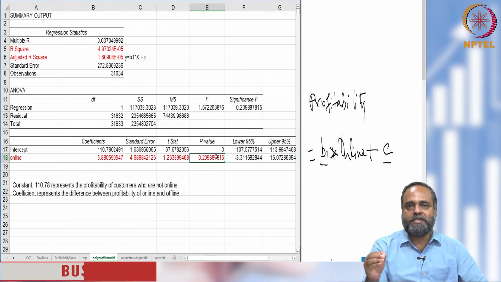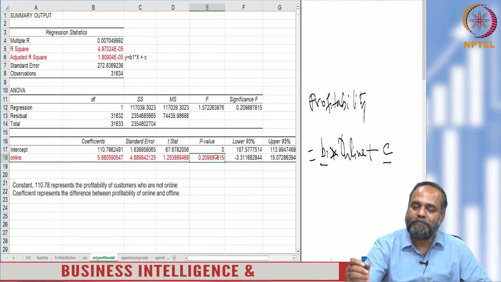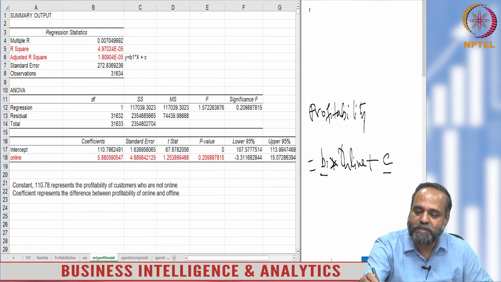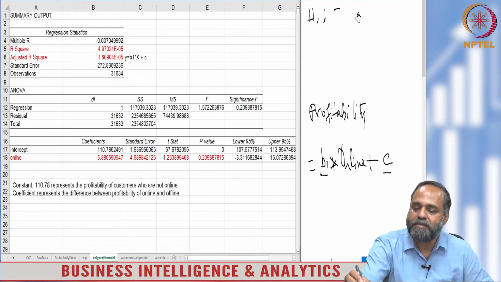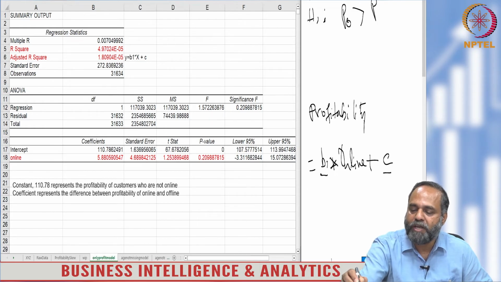Let me write the hypothesis. Your H1: profitability of online customers is greater than profitability of offline customers, on versus off.